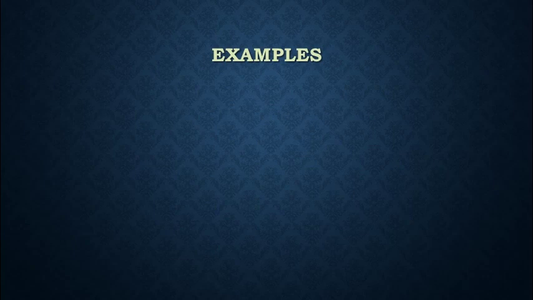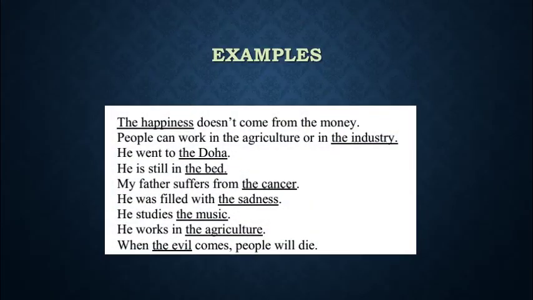Let's observe some more examples with Arab learners incorrectly inserting the definite article "the". Here we have "The happiness doesn't come from the money", and it is supposed to be "Happiness doesn't come from money", as the Arab speaker would say in their native language, al-sa'ida.